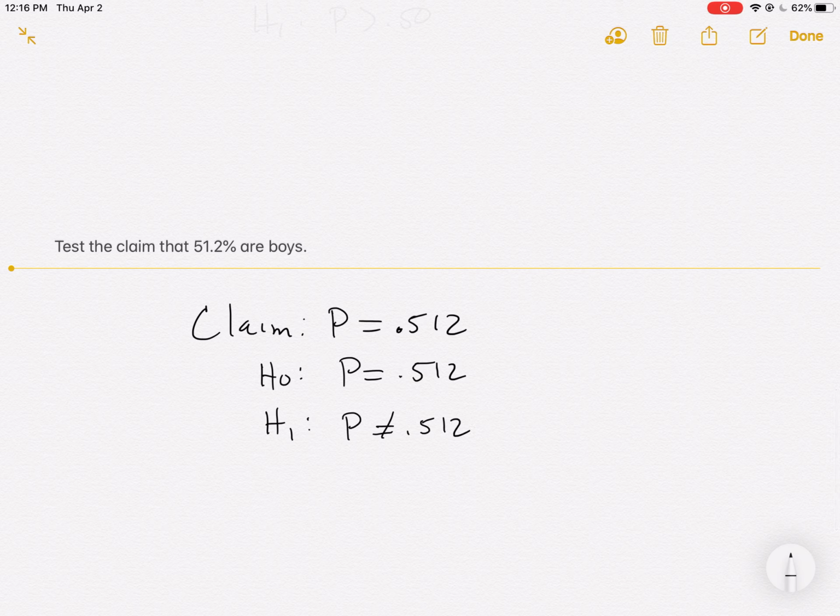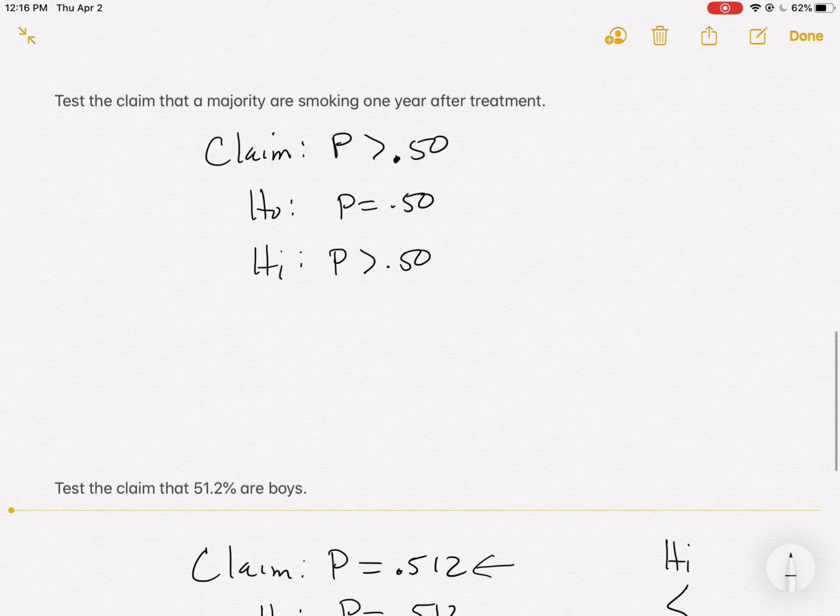It can't be the claim, because the claim has a symbol that we're not allowed to have. Our H1 can only have the symbols less than, greater than, or not equal to. So when I can't use it, I use the opposite of what's there. If I look at the claim, I can't just write the claim like I could in the previous one. Here my claim was greater than. That's okay for me to use, and so I did it.